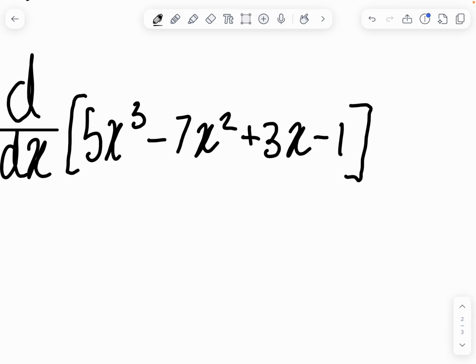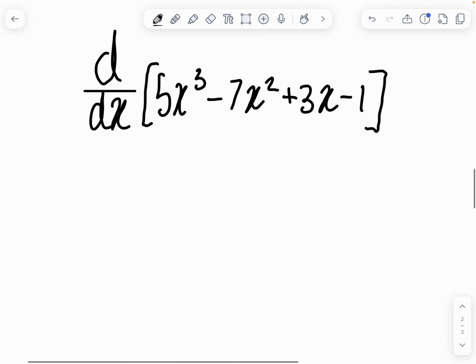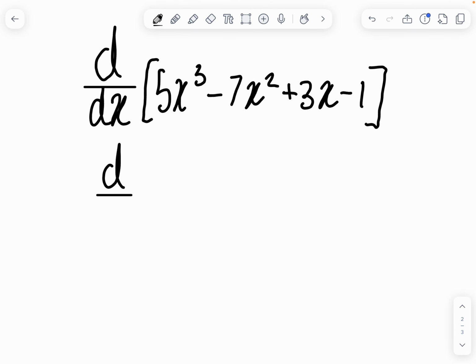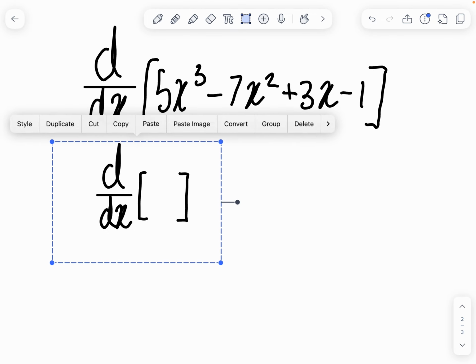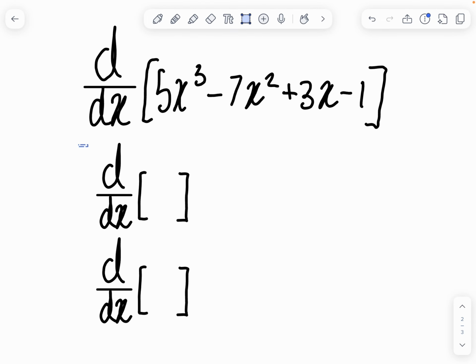Okay, so d of dx of 5x cubed minus 7x squared plus 3x minus 1. We need to individually find each one. Since there's 4 terms, I'm going to duplicate this 4 times.